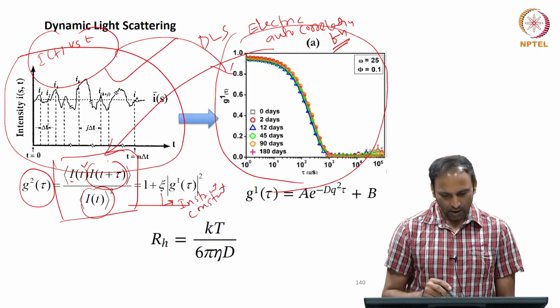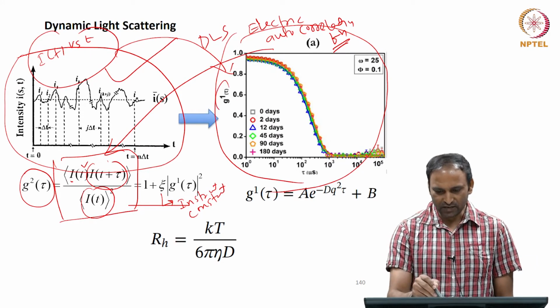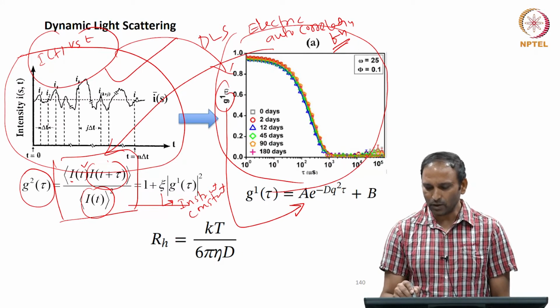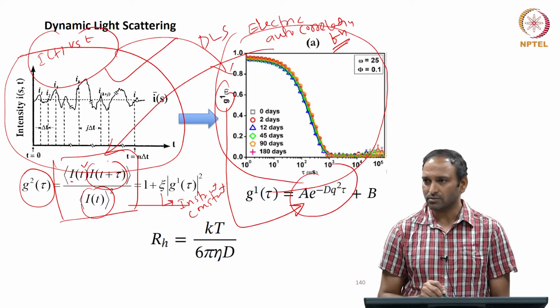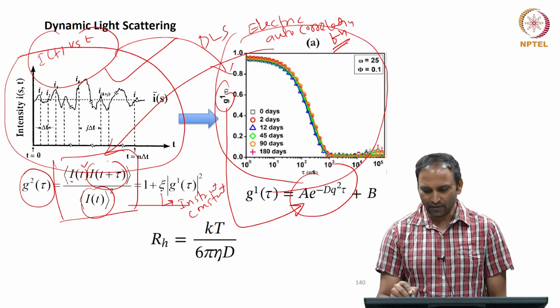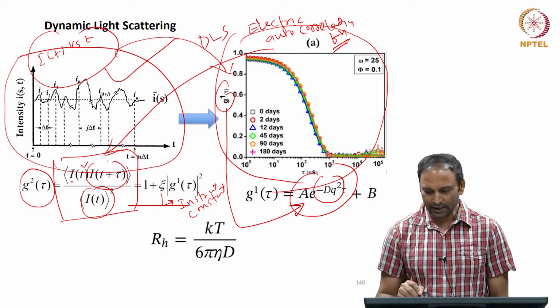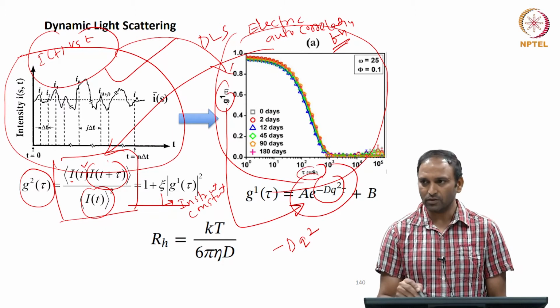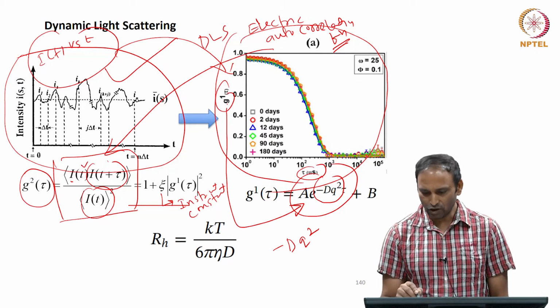Now, this function you can fit to an exponential function, and from that exponential function I can get minus D times q square. You have g1 of tau as a function of tau that you measure, and you should look for this number.